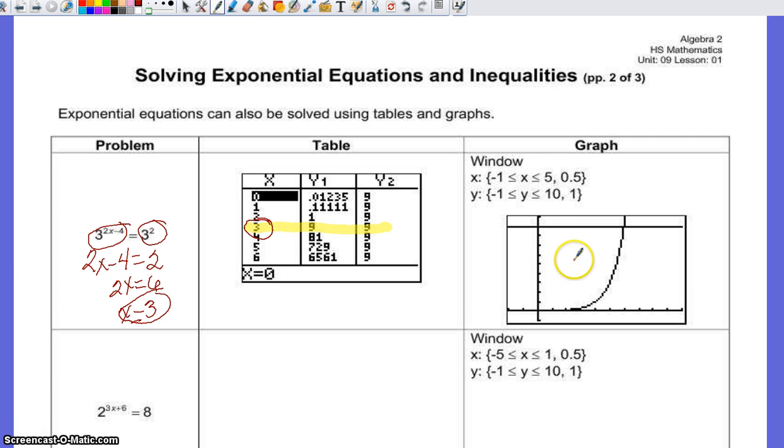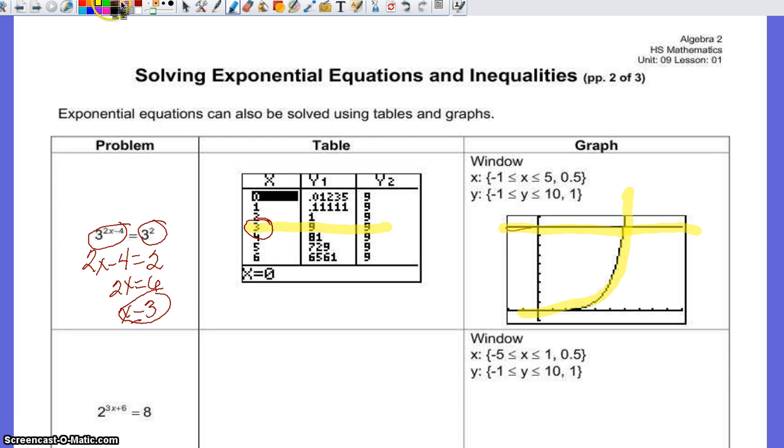So over here, if I were to look at it, I would graph one line, and let me highlight what the line is so you can follow along. And then I graph the other line.